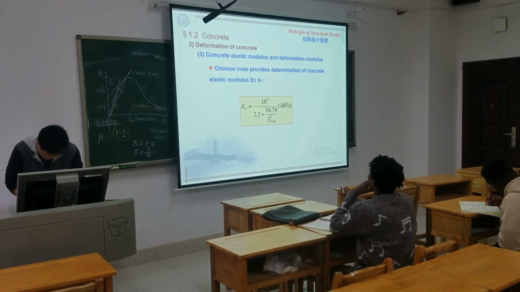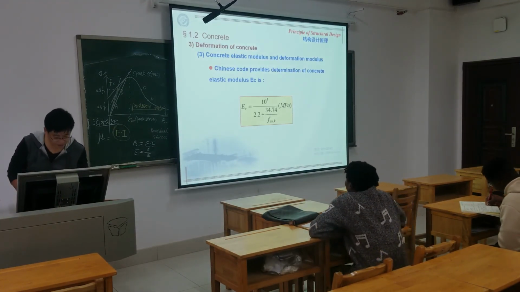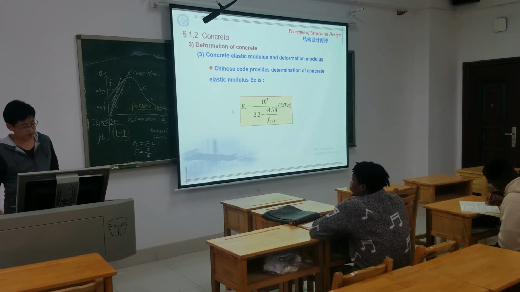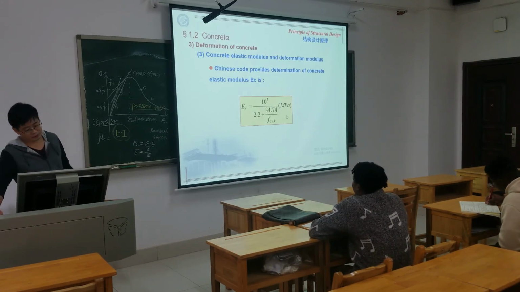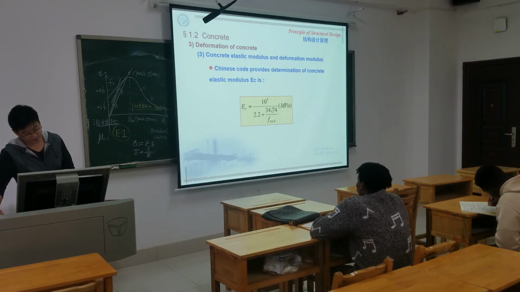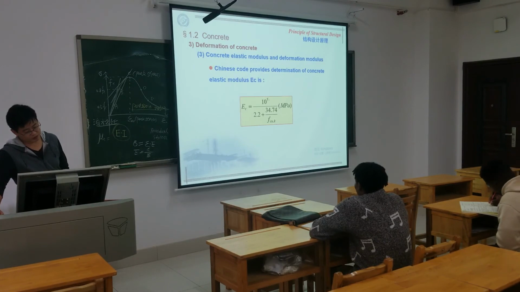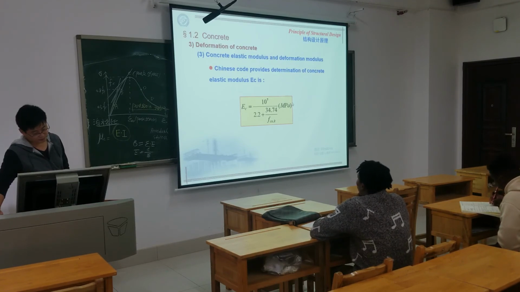I think this course is on PC, and in the textbook we have this formula. You can find it in the textbook. So when we do the design calculation, we can use this formula to get the elastic modulus of the concrete, the normal modulus.